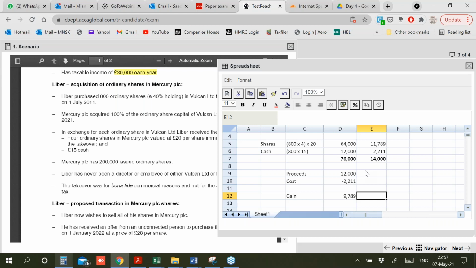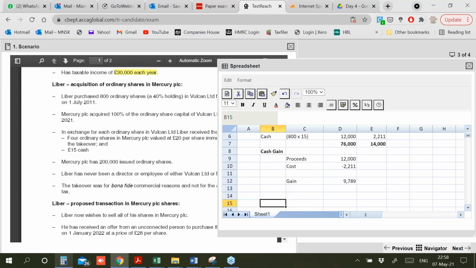And you can see it is neither less than 3,000 nor 5% of the market value, so it does not qualify for both of the criteria, so it will be chargeable. It is a cash gain. I can write that separately, that it is a cash gain.